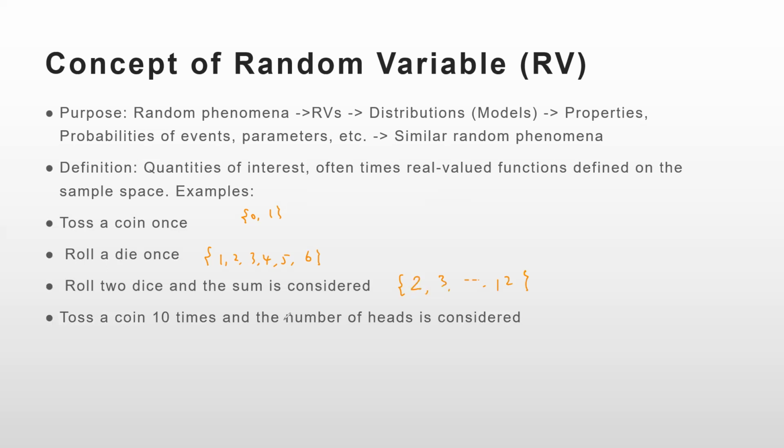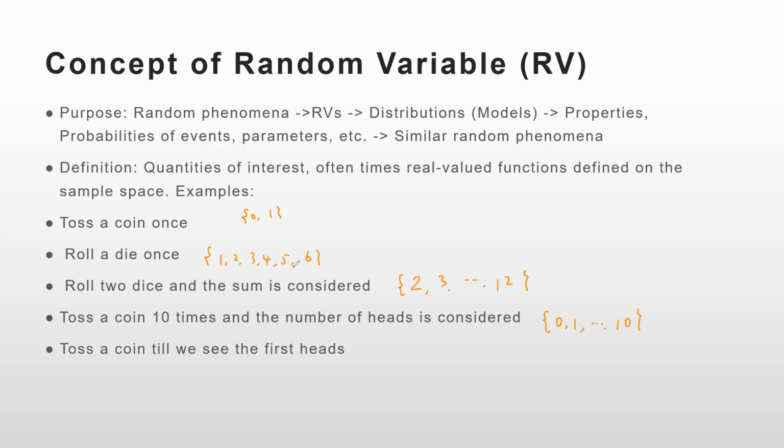Actually, it's a non-negative integer. The sample space of this random variable: you toss a coin 10 times, the number of heads could be no heads, so 0, 1 head, and so forth, up to 10 heads. So that's the sample space of this random variable, which is the number of heads in 10 tosses. Later on, we study the distribution. For the moment, we're trying to get used to the concept of a random variable.